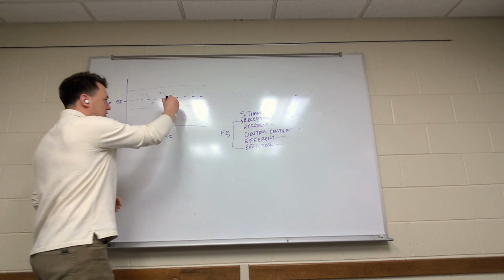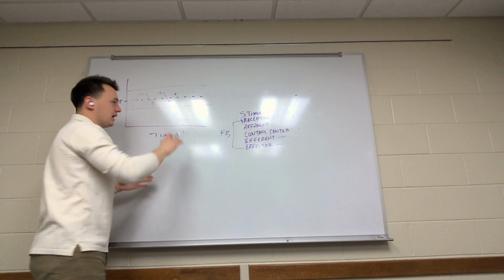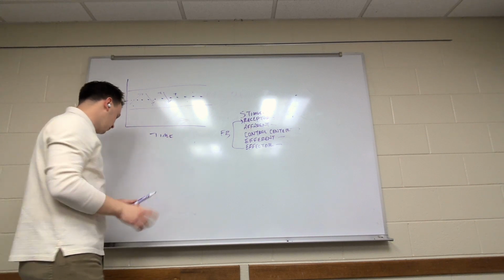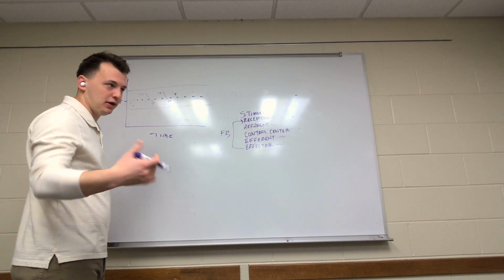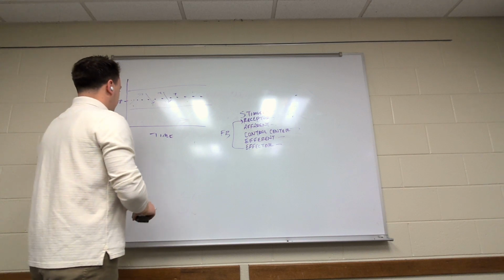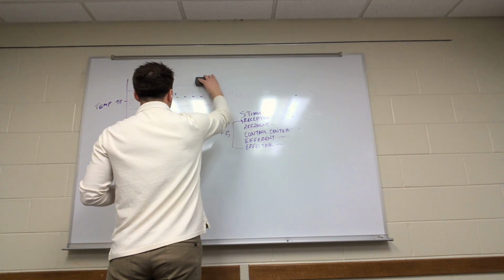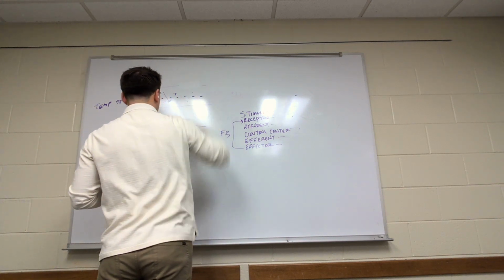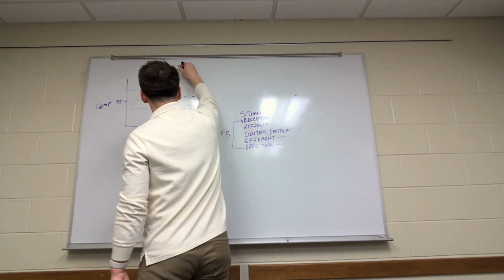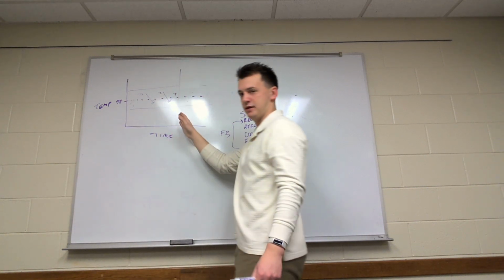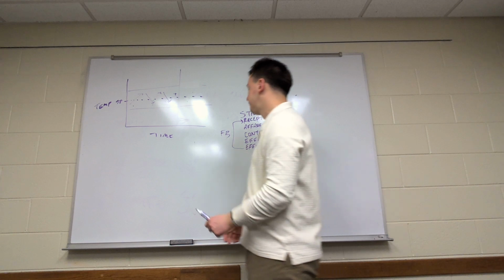So all these arrows I'm drawing are negative feedback, which is kind of weird because negative usually means something negative, right?